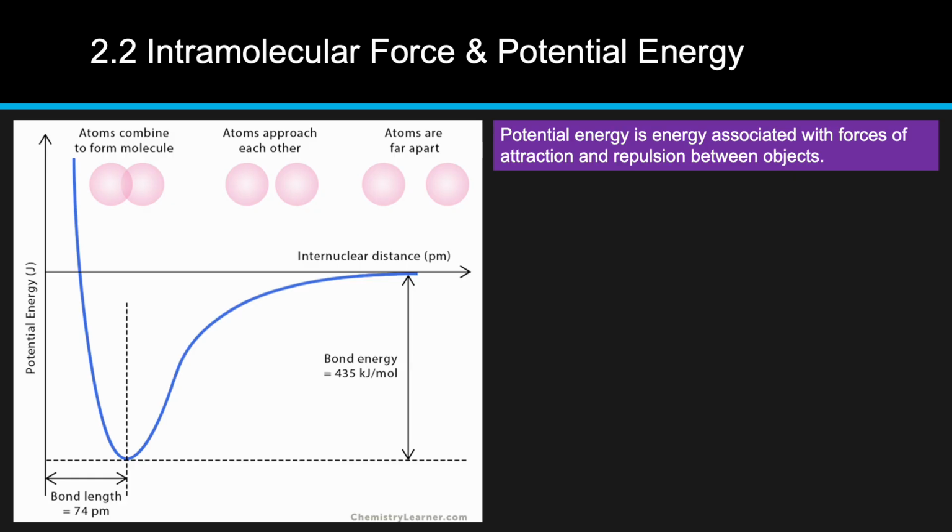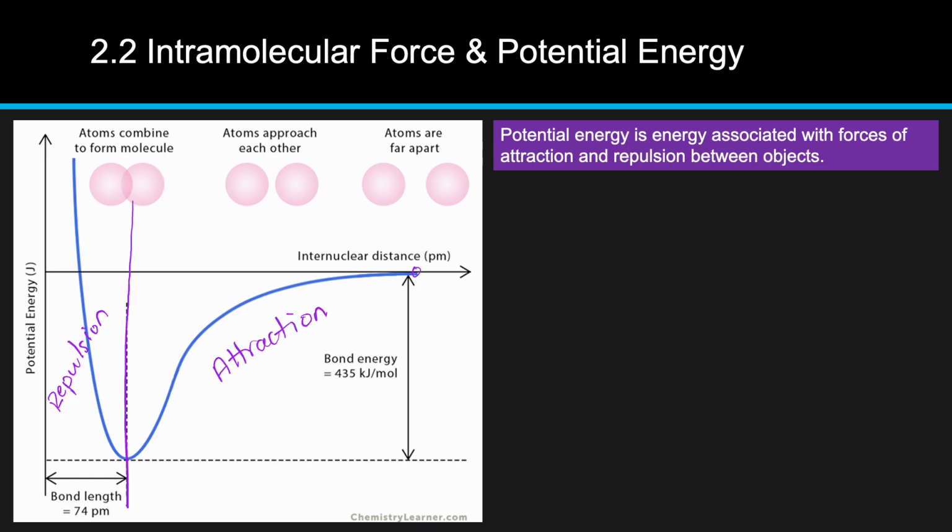All right, so just going over all the different pieces of this diagram before we start doing some examples. Potential energy is the energy linked to attraction and repulsion between atoms. So in this specific graph, we can think of a vertical line here. This would be repulsion, and this part of the graph would be attraction.